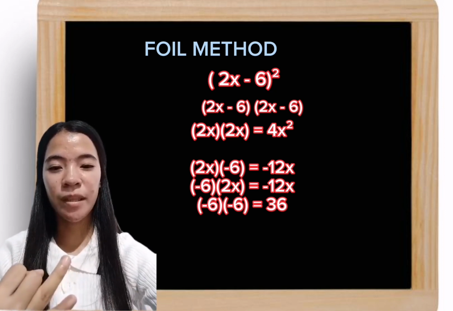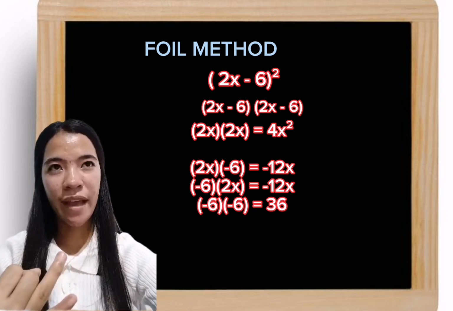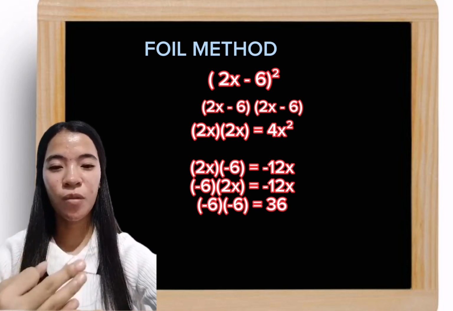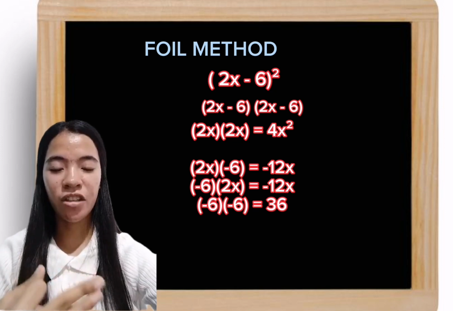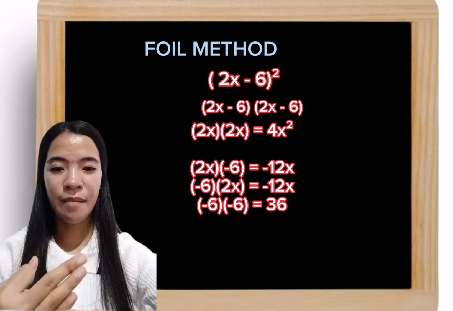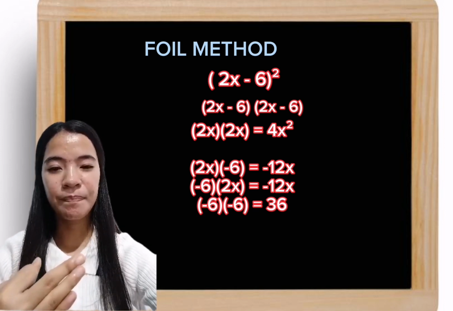Next, we need to multiply the outer term to outer term. So it will become 2x times negative 6 will become negative 12x. Next, we need to multiply the inner term to inner term. So we have negative 6 times 2x, which will become negative 12x.